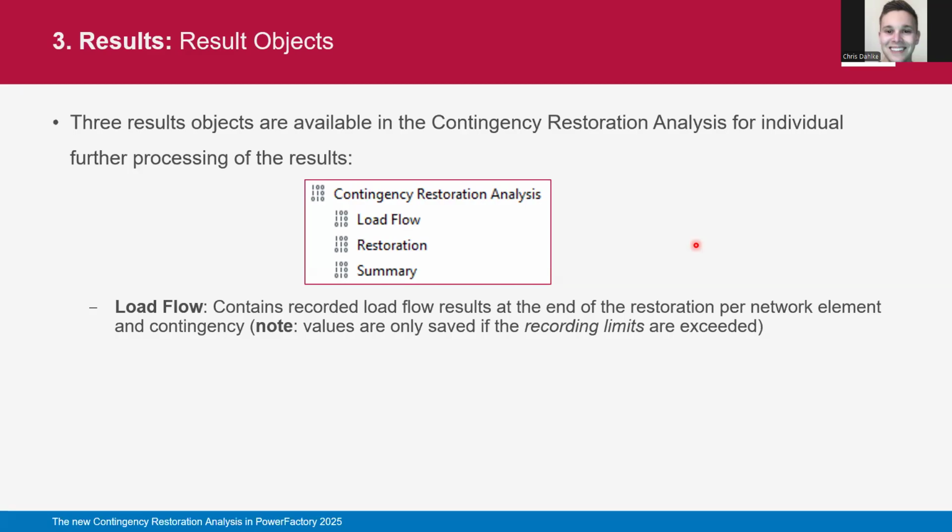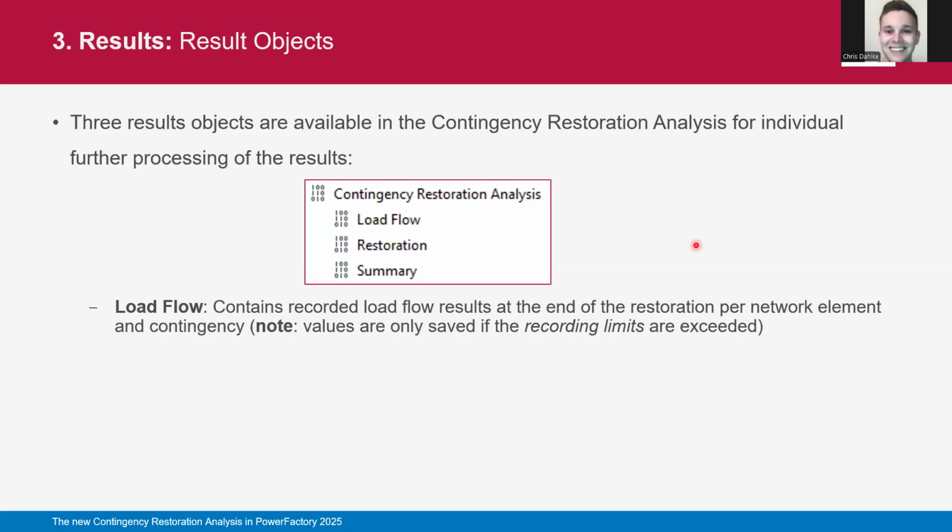So the load flow result object here really records the load flow results at the end of the restoration for each network element and each contingency. However, it will only record values that exceed recording limits that have been predefined. So normally this will be a sparse matrix, so not every element will be filled in. But if you set the recording limits very low, of course, then it will store everything.